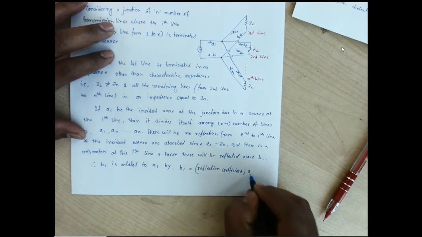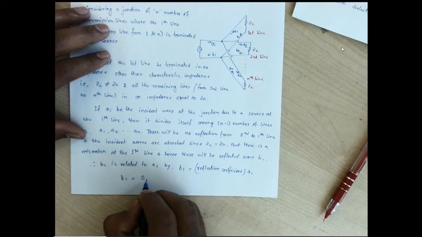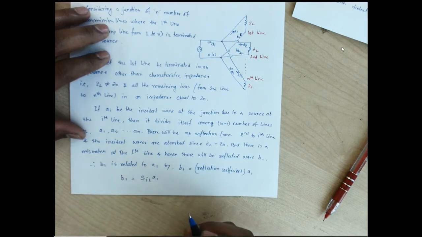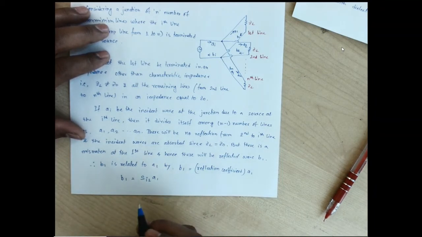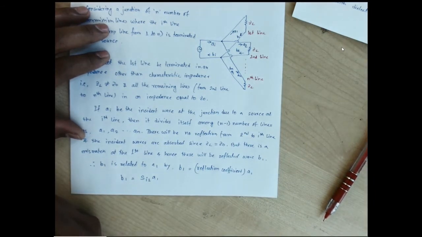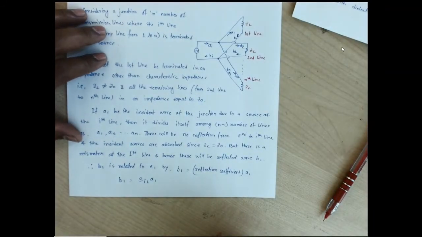Coefficient into A1, or B1, can be written as S_I1 A1. So what does this I indicate? That the source is connected to this ith line and the reflection is from the first line. On this network, the transmission lines are numbered from 1 to n.